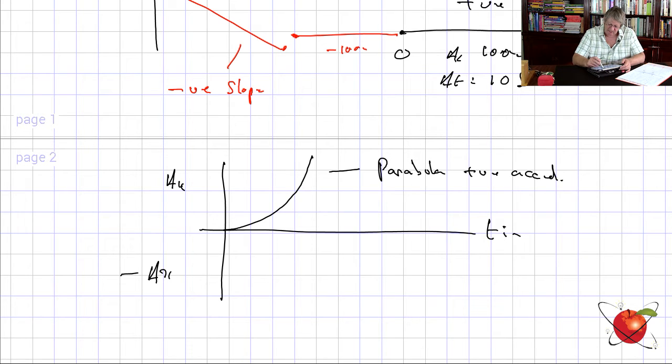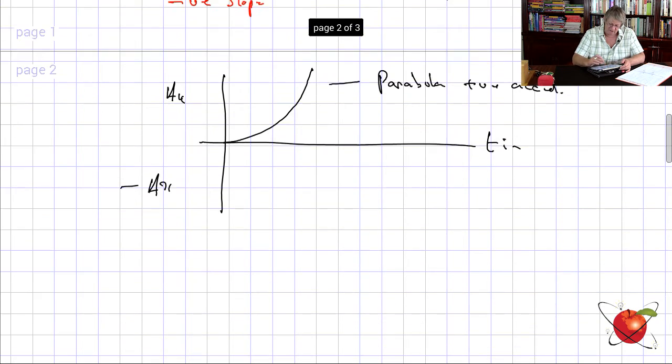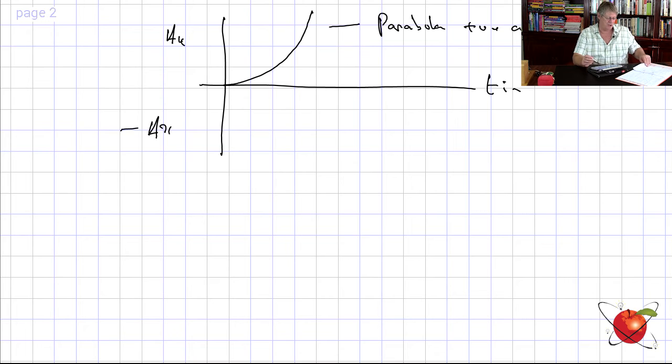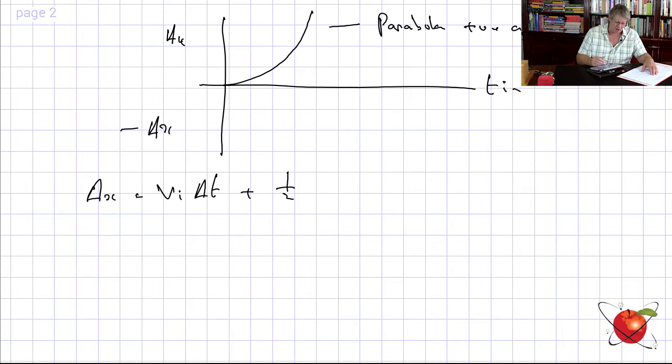Let's just have a look at something, shall we? Let's just go back to Newton's laws of motion. And we said that if we look at Newton's laws of motion, let's just look at this one, okay? Delta x is equal to vi delta t plus a half a delta t squared, okay?